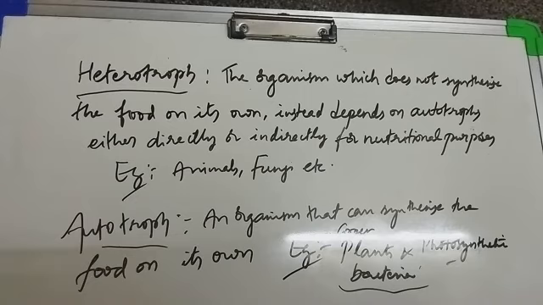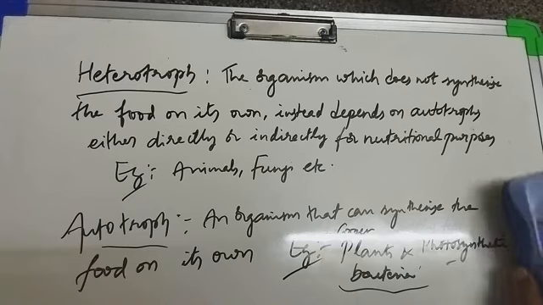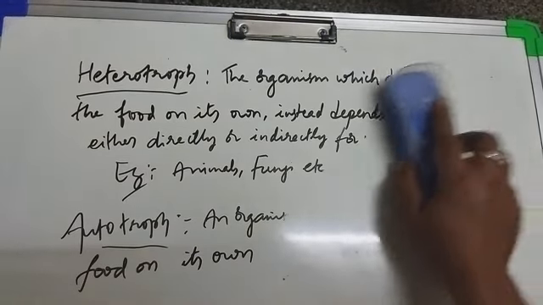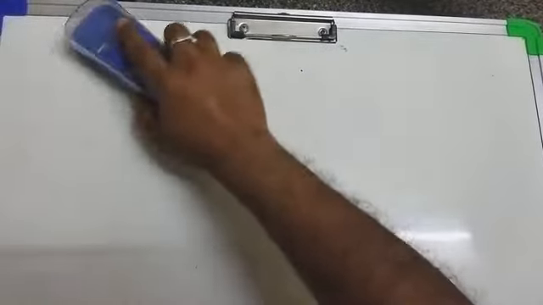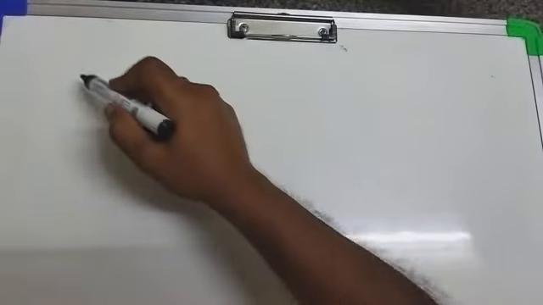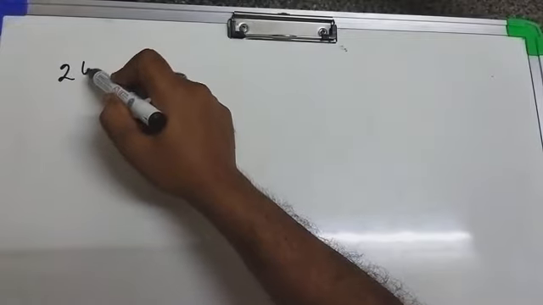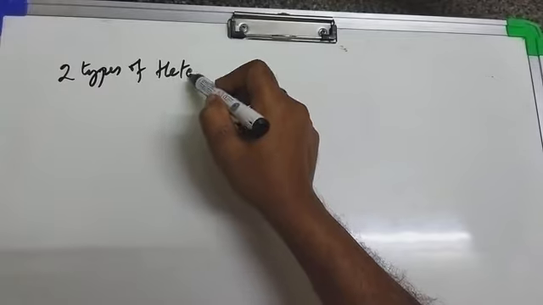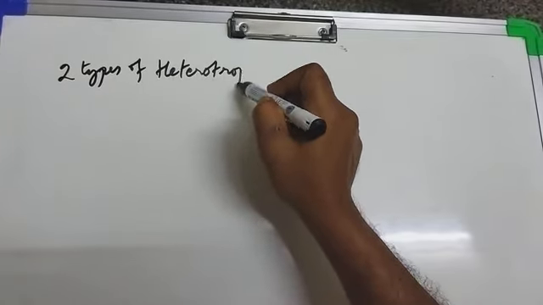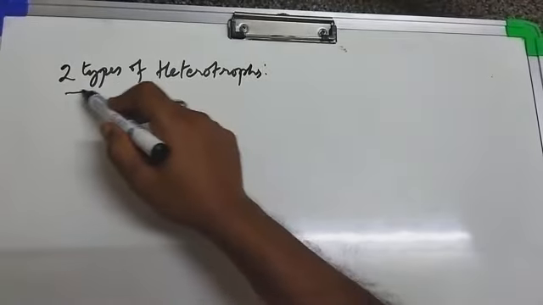Now coming to heterotrophs. How many types of heterotrophic nutrition are there? Heterotrophs are of two types. What are they? This is very, very important. In the textbook it is a bit complex.